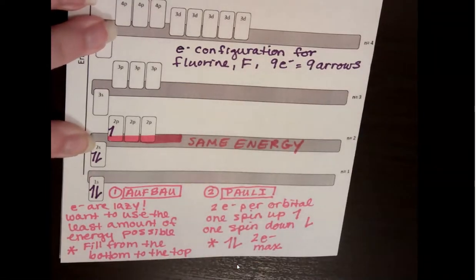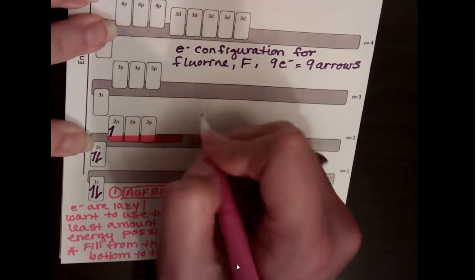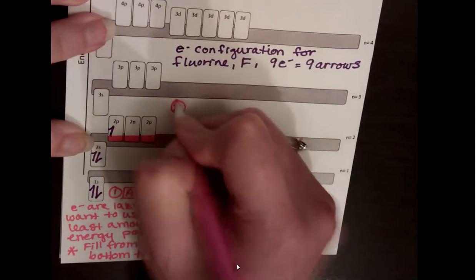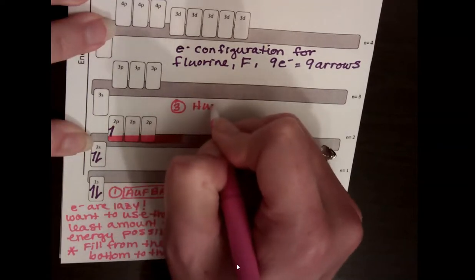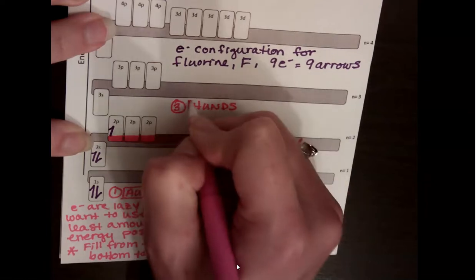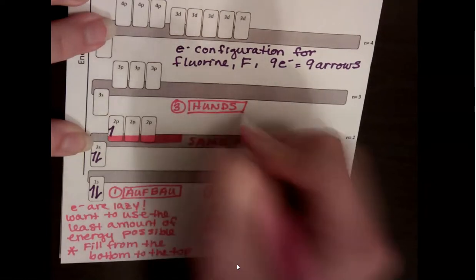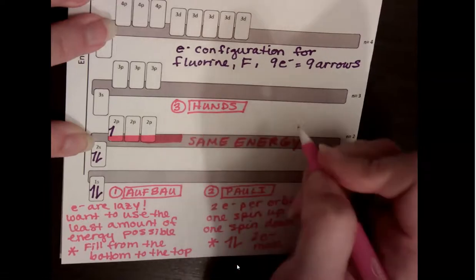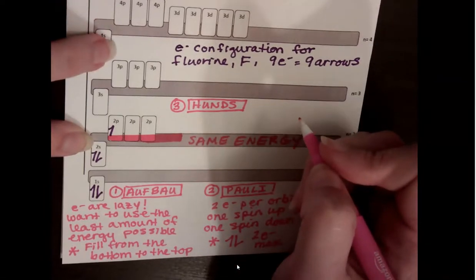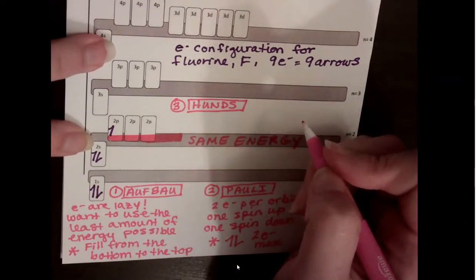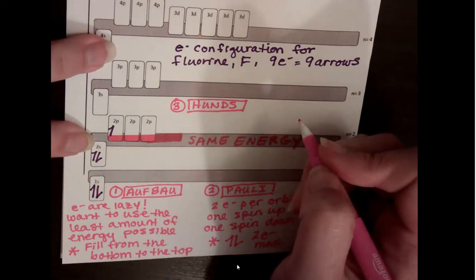So that's when we have to think about rule number 3, which is Hund's rule. Remember, Hund's rule is the one that talks about how the electrons don't want to have to share an orbital if they don't have to. Kind of like siblings don't want to have to share a bedroom unless they absolutely have to.